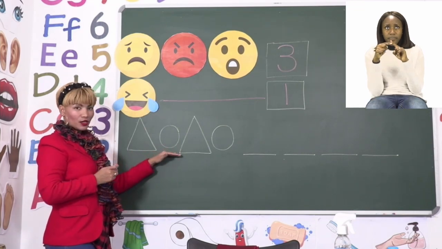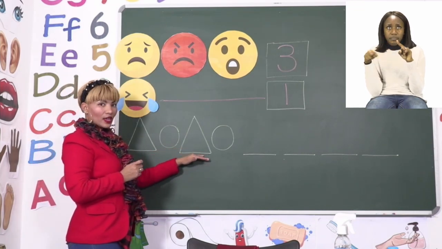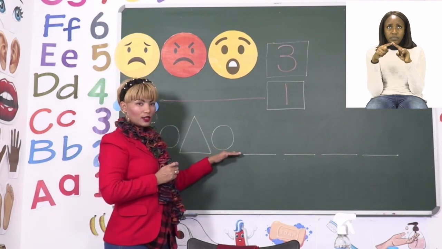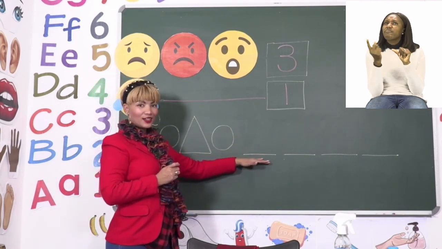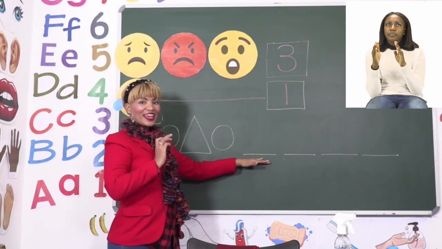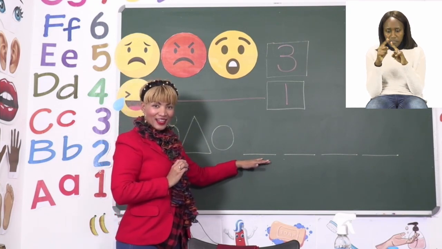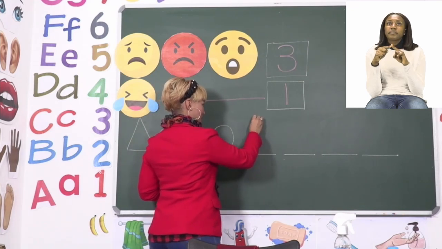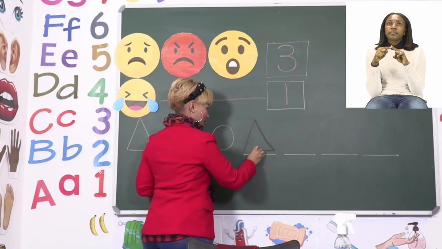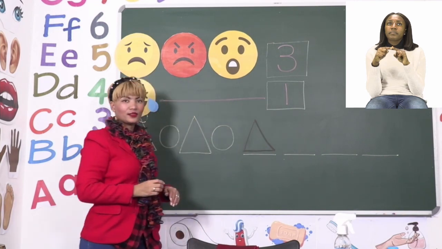Triangle, circle. Triangle, circle. So what shape must we draw after the circle? If you said a triangle, then good job. To complete the pattern, we have to draw another triangle.